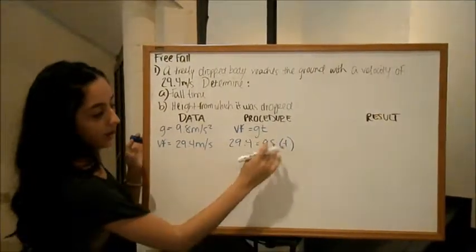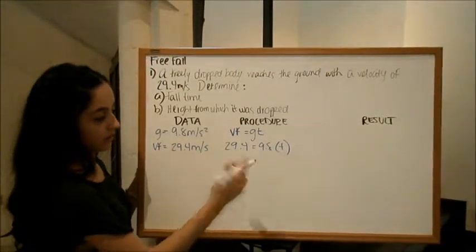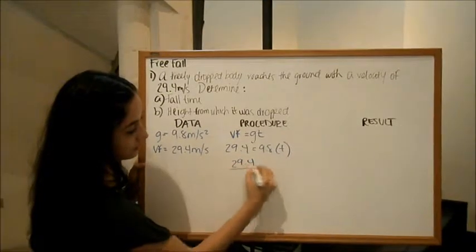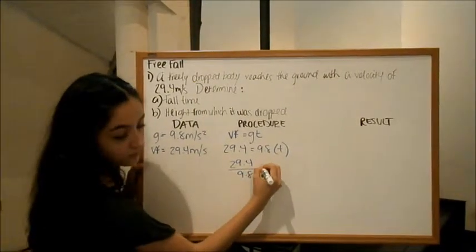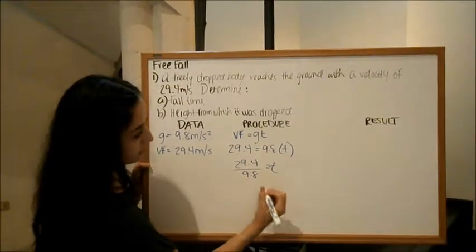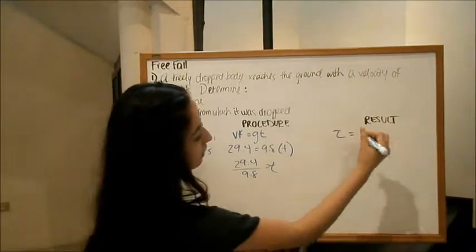And since 9.8 is multiplying t, you're going to pass dividing to 29.4. So it would be like this. So you do the operations, and as time, we have 3 seconds.